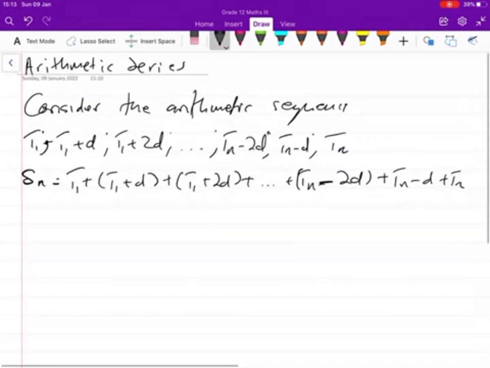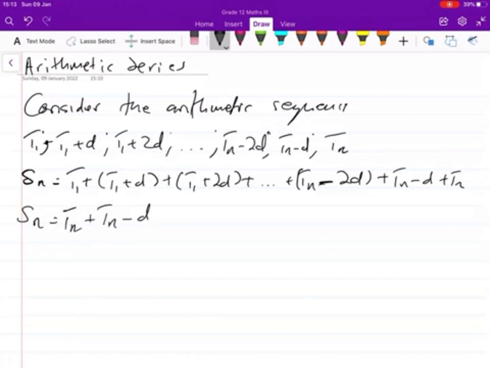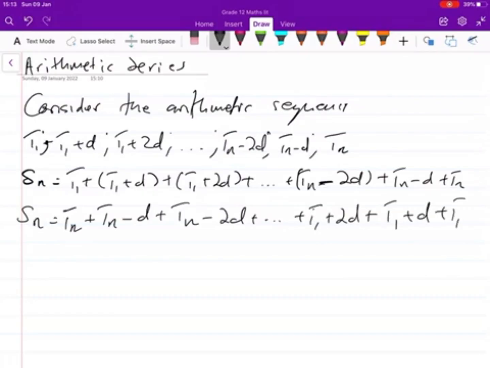Okay, now Gauss said he wants to write this differently, so inversely, so we use his approach here. We will write this as Tn, Tn minus D, Tn minus 2D, and ... T1 plus 2D, T1 plus D, and T1.